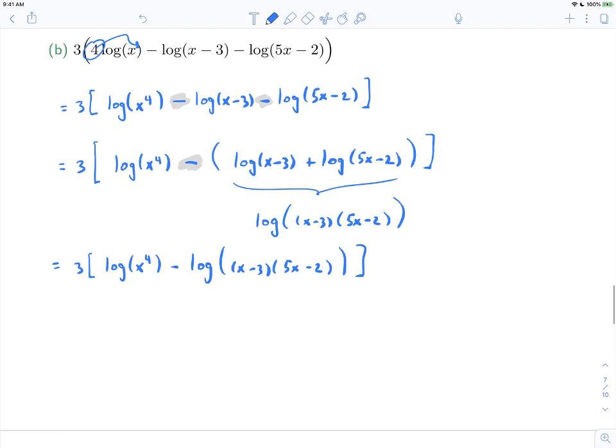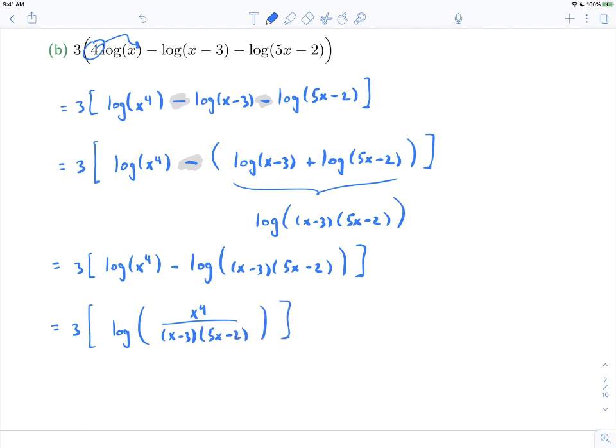Okay, now I have the difference of two logarithms, so I can write that as the logarithm of a quotient. The difference of two logarithms is the logarithm of a quotient. So this is 3 times log of x to the 4 divided by x minus 3 times 5x minus 2.